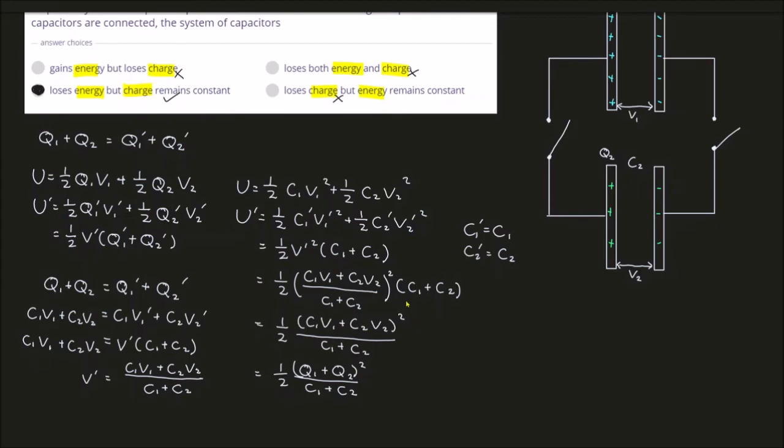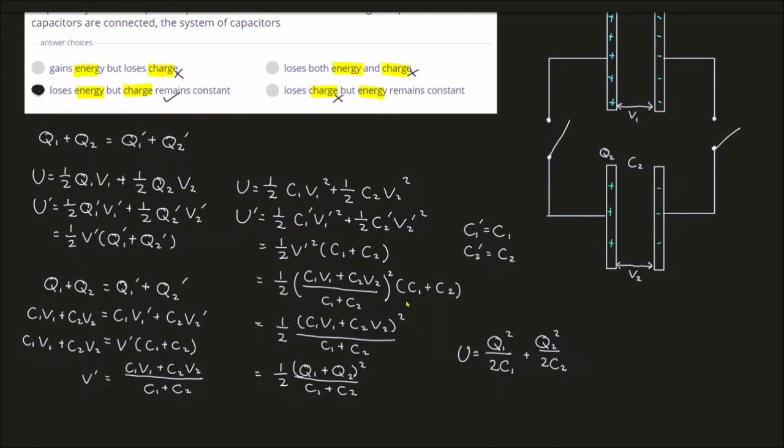But if you try to compare it with the initial, which is U equals Q1 squared over 2C1 plus Q2 squared over 2C2, I still can't see how to effectively compare them and say that U prime is greater than U or U is greater than U prime.